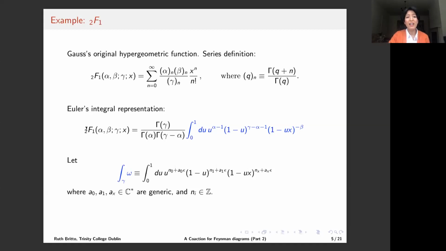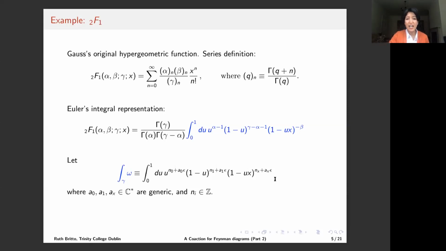Here Euler had an integral representation for Gauss's hypergeometric function given by this expression. It's a single variable integral. We have polynomials raised to some powers, and then we have some gamma function prefactors. In this story, the gamma function prefactors will play practically no role. So let's just focus on the part that's highlighted in blue here. We call the integrand omega and the integration contour gamma.